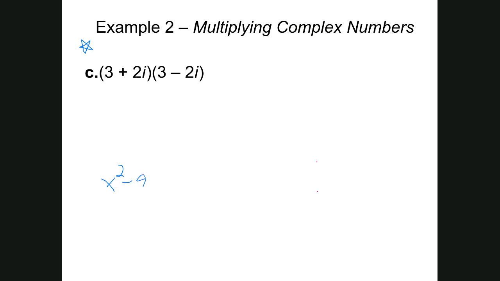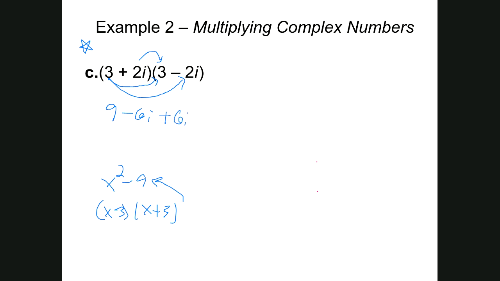So if I factor it, it's x minus 3, x plus 3. Well, if we multiply this together, we get this, right? These are called conjugates. The middle term goes away. Well, look what happens here if I FOIL this out. I get 9 minus 6i plus 6i. There goes the imaginary numbers.